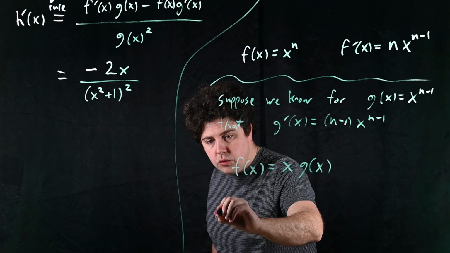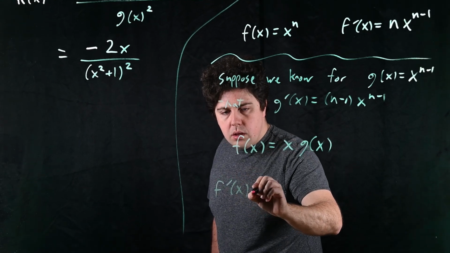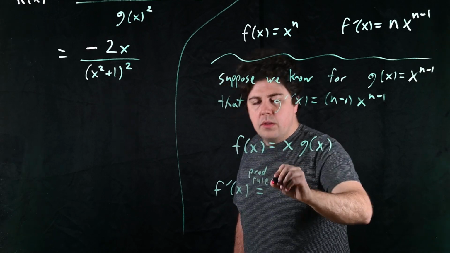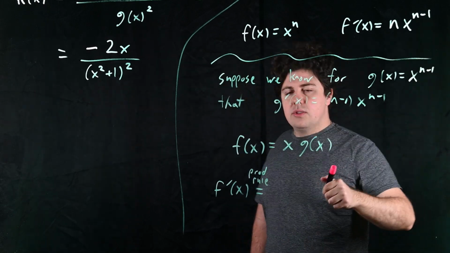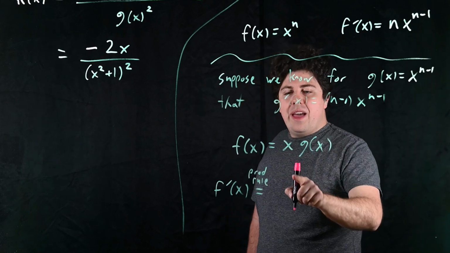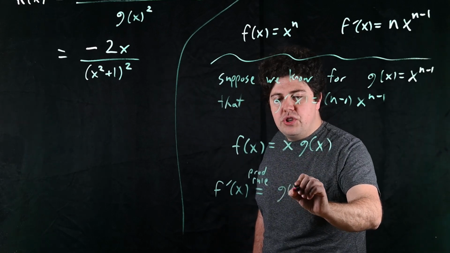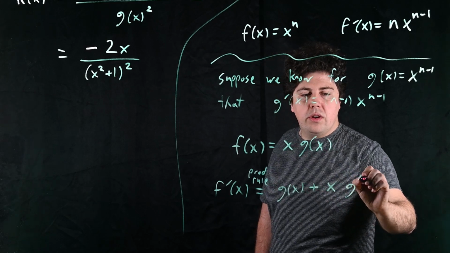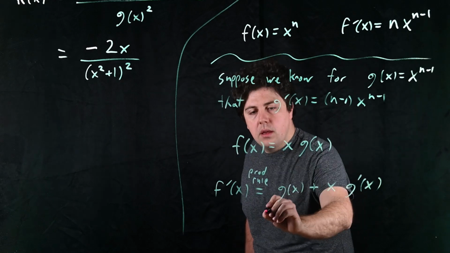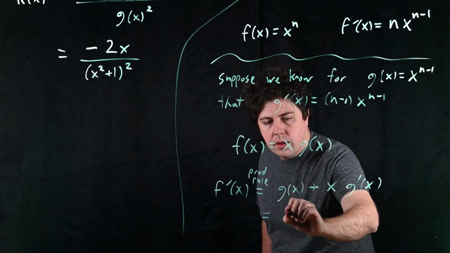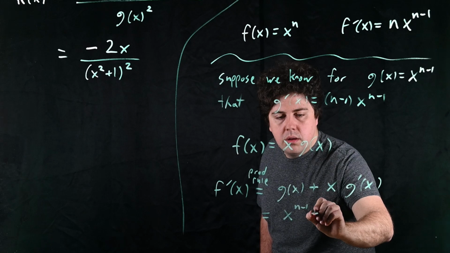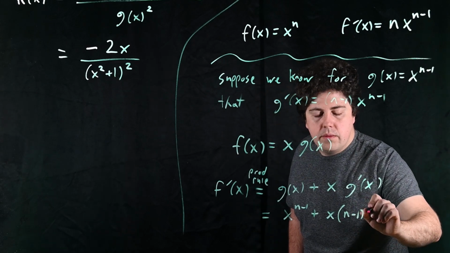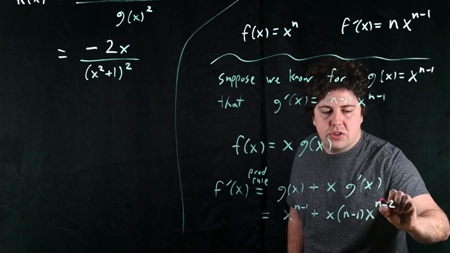So by the product rule, we therefore have that the derivative of this guy is going to be the derivative of x, which is 1, times g of x, plus x times the derivative of g of x, which is x to the n minus 1 plus x times n minus 1 times x to the n minus 2.